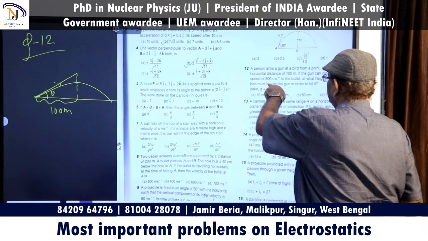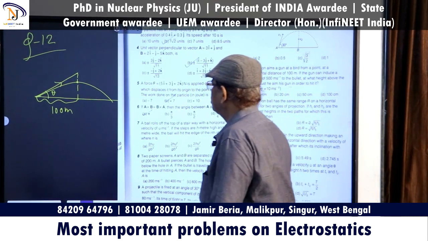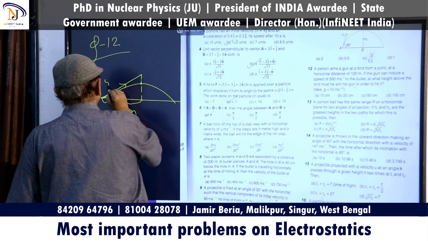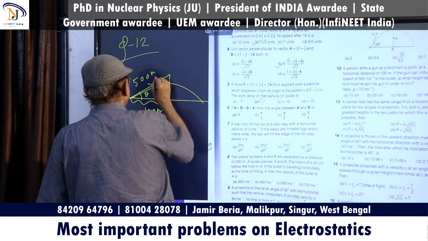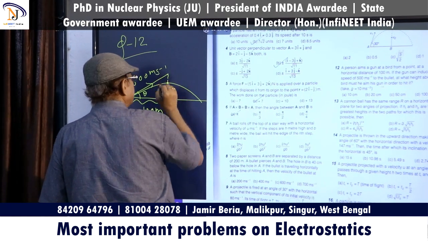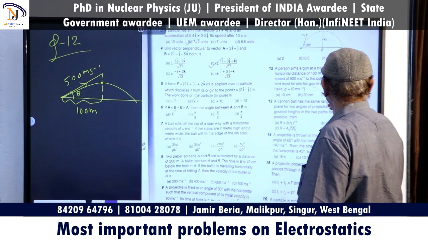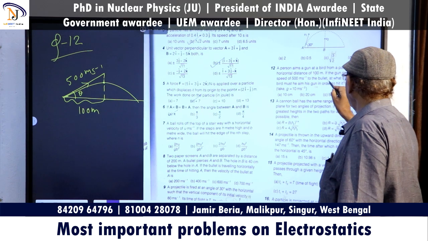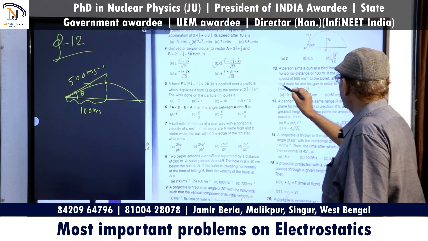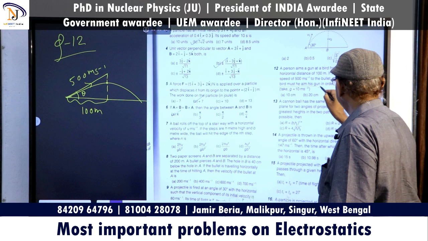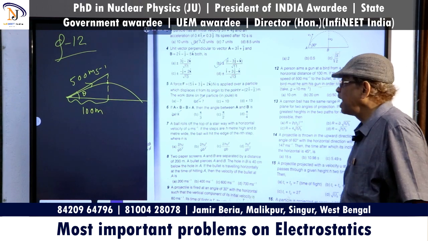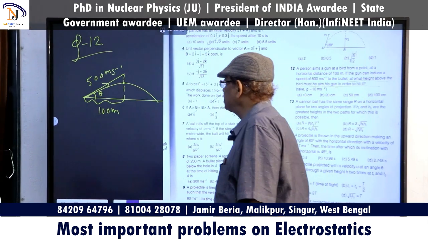I will tell you, but I help you to solve the problem. 500 meter second to the power minus 1. Okay? g equals to this. At what height above the bird must he aim?